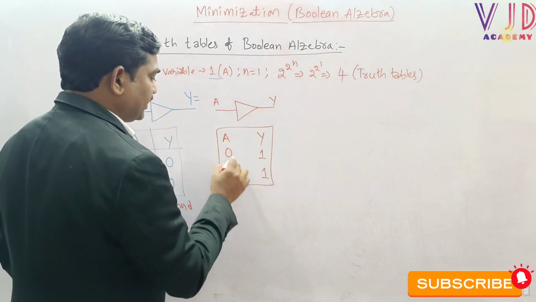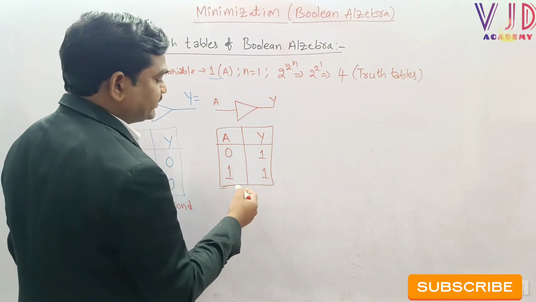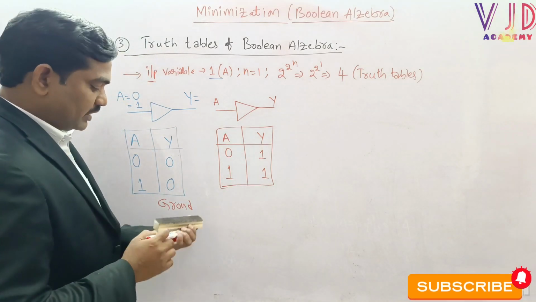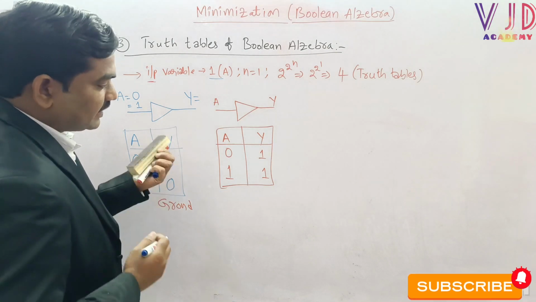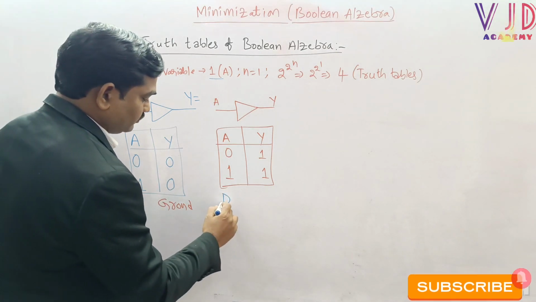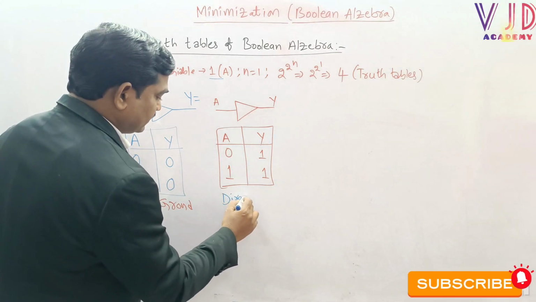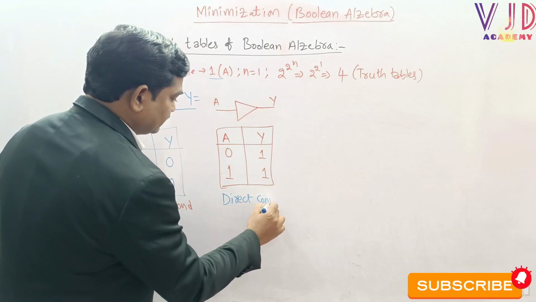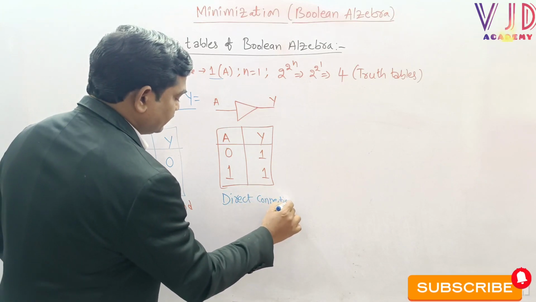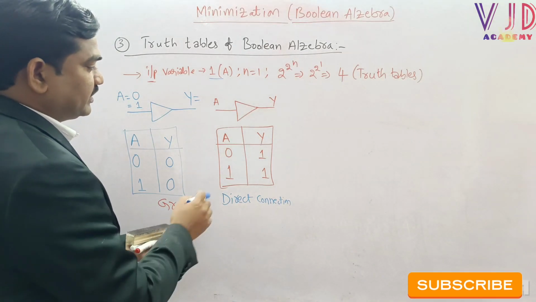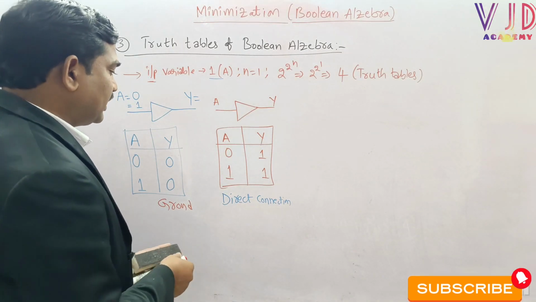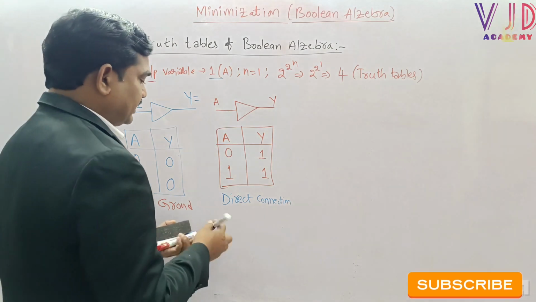Whatever the input, the gate is producing only output 1, which means the gate is acting as a direct connection gate, or we can say the circuit is short circuited.